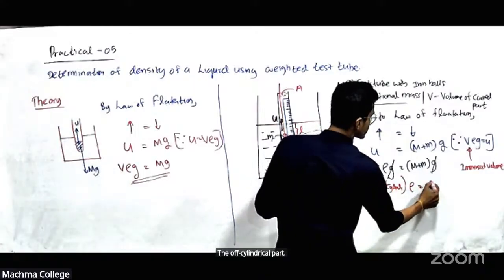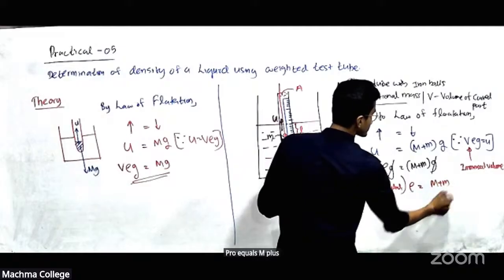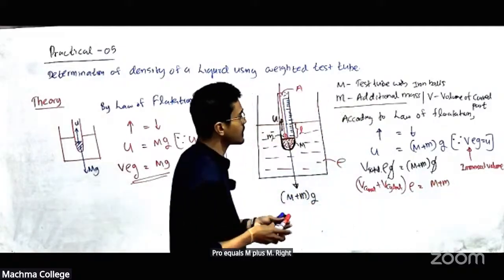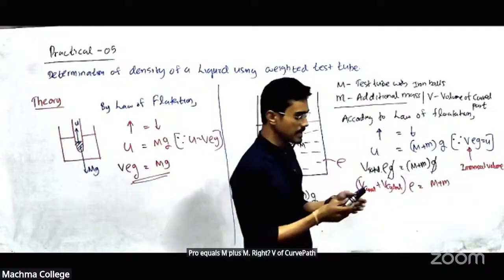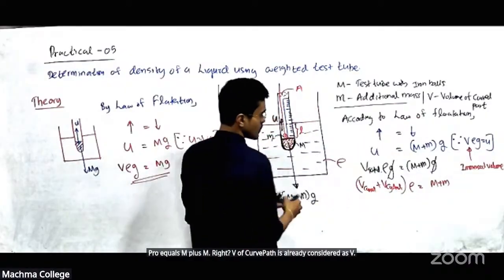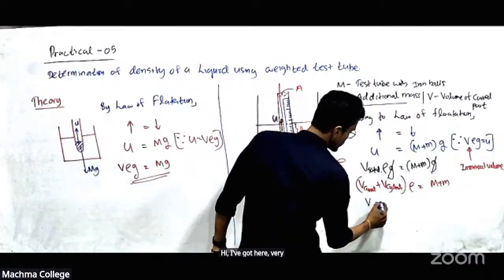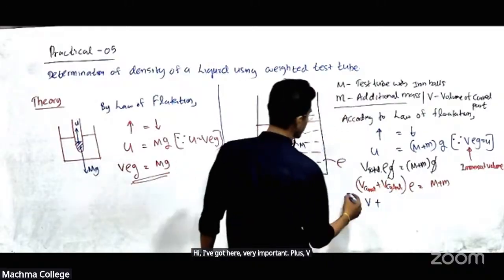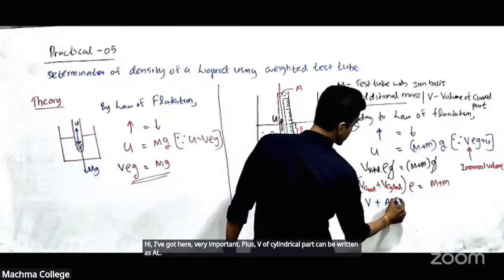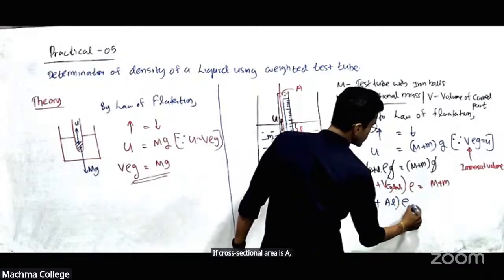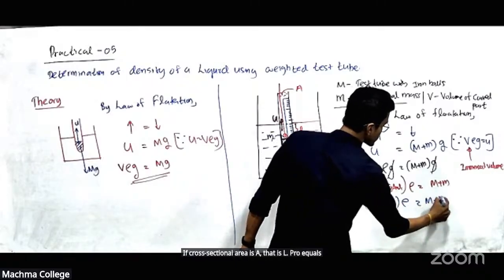Rho equals M plus M. Right? V of the curved part is already considered as V. Look at here, very important. V plus V of the cylindrical part can be written as AL, if the cross-sectional area is A. Rho equals M plus M.